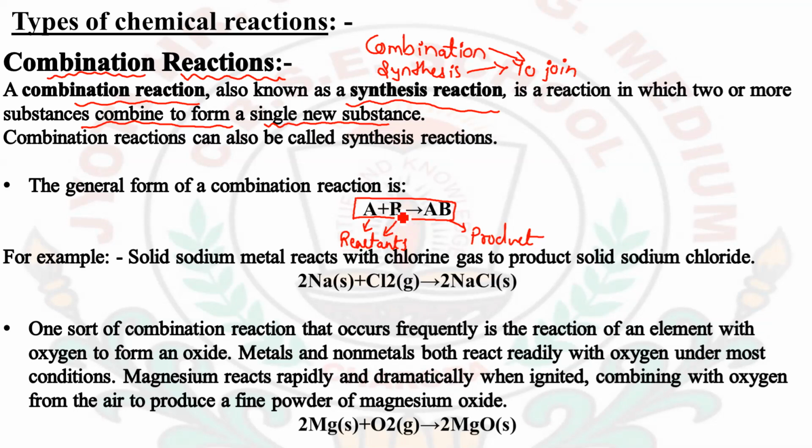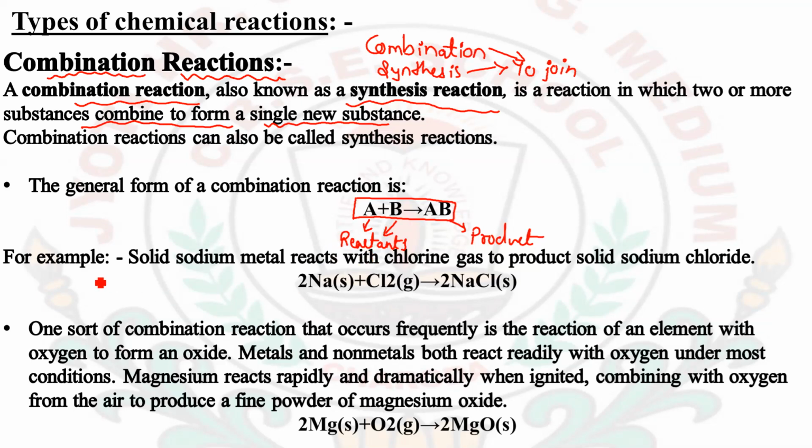This is a general formula where A and B are substances acting as reactants. More than two reactants can also be there, and all will combine to form a single product only. The product will always be single here. So this will be the combination reaction.